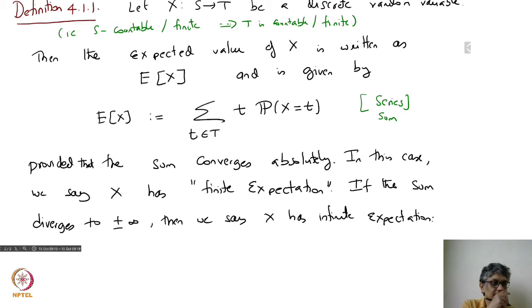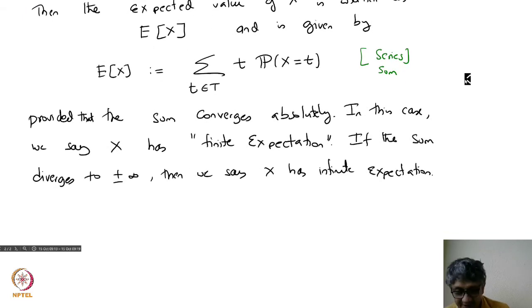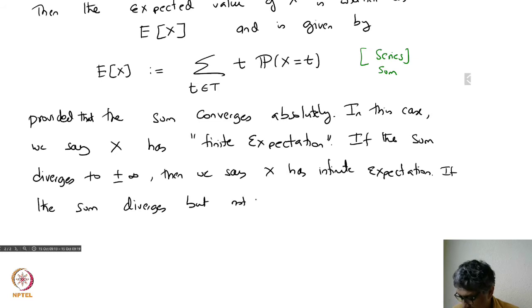If the sum diverges neither to plus infinity nor minus infinity, so it doesn't go anywhere, it just oscillates or something, we say that the expected value is not defined.